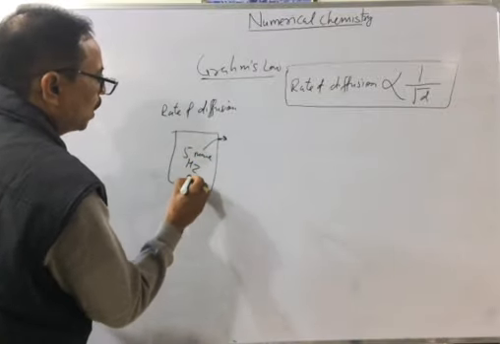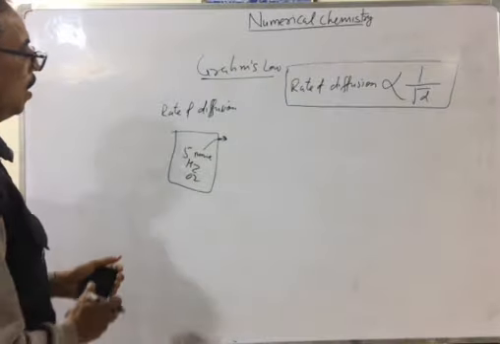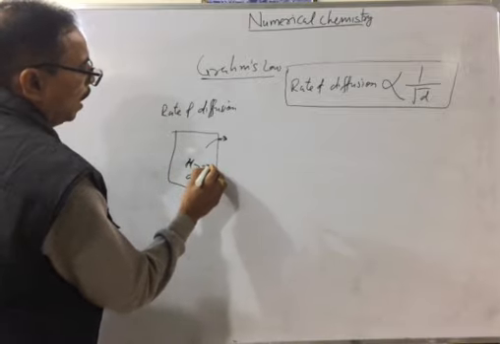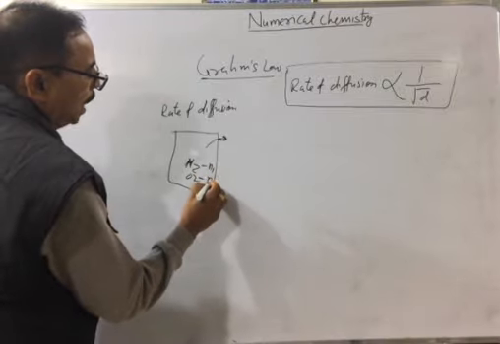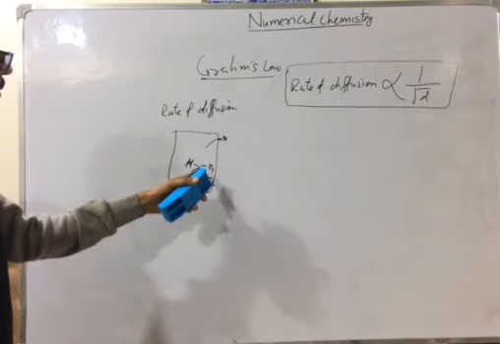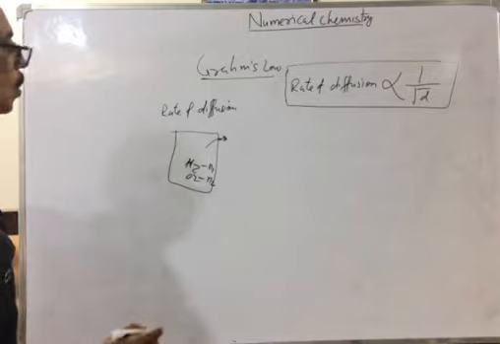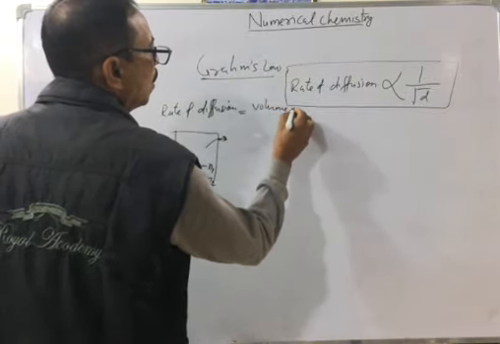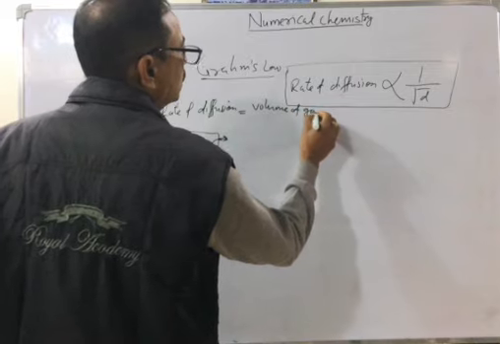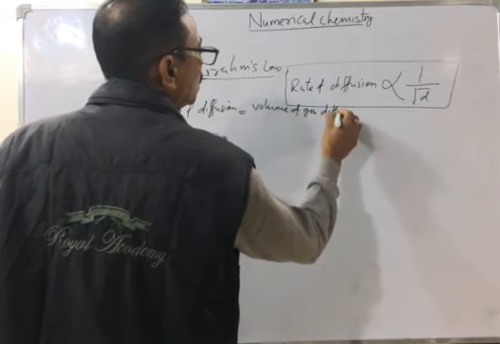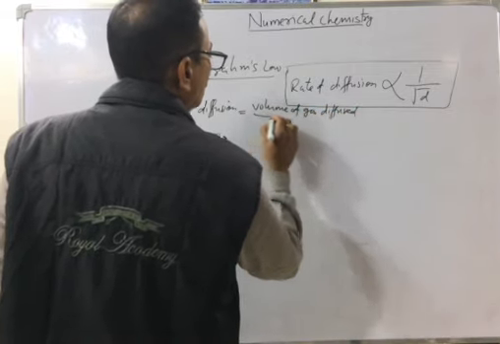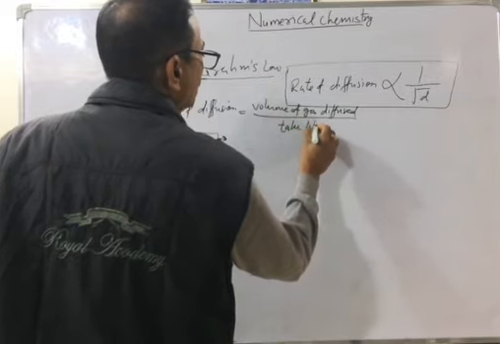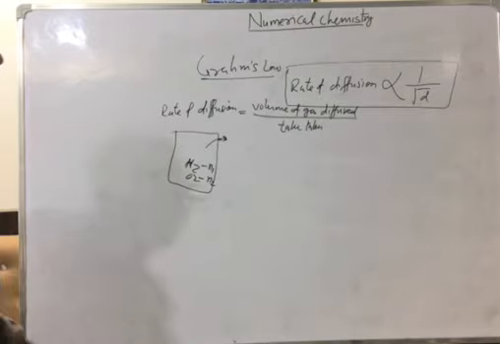Suppose here oxygen or hydrogen, there are two gases. Suppose this is N1, this is N2, number of moles. So rate of diffusion is the volume of gas diffused divided by time taken. How much time it takes to diffuse.